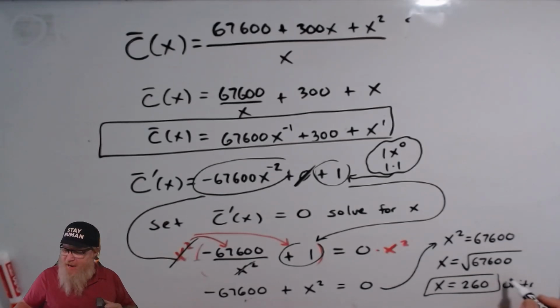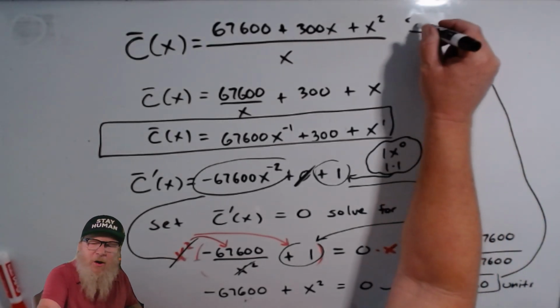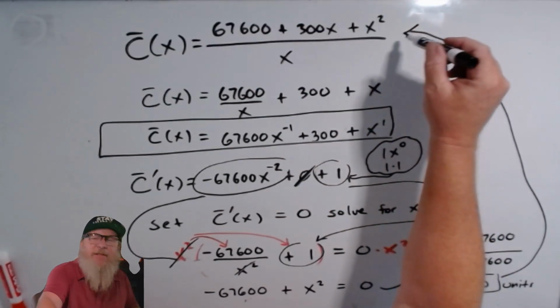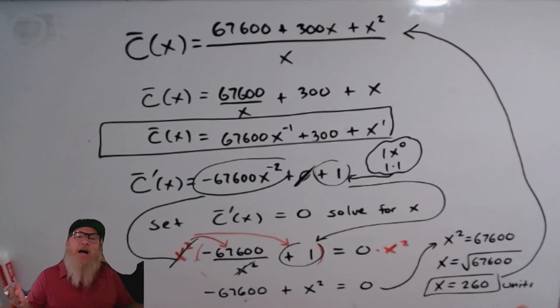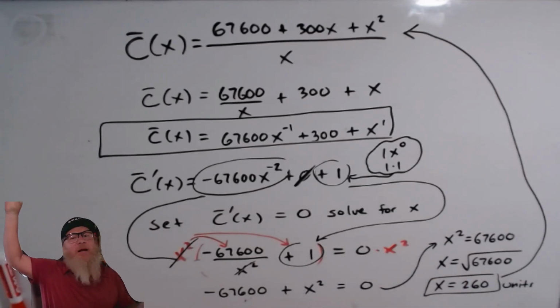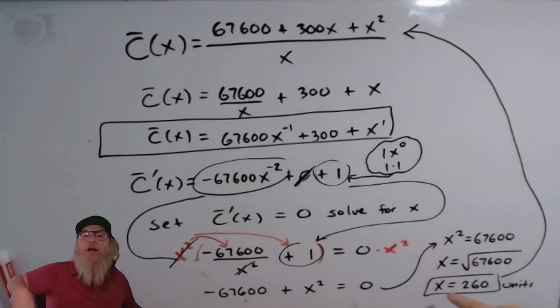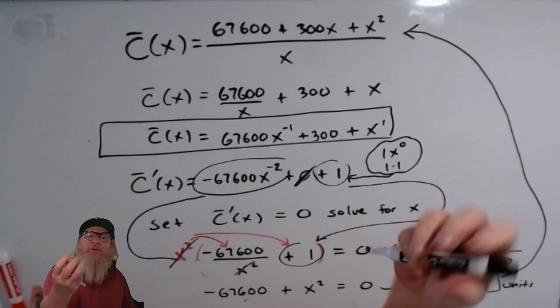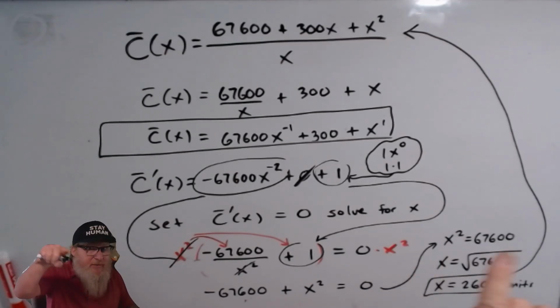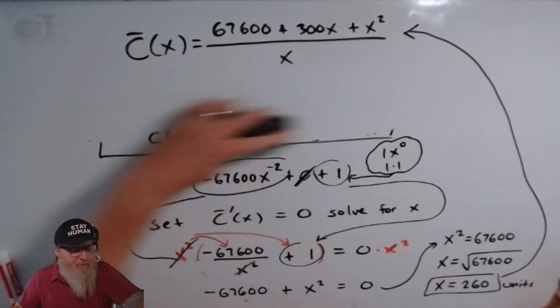If you want to find the actual average cost, you go all the way back to here. There is no minimal cost because the cost just keeps going up and up and up. But if you plug 260 into the average, you get a number that represents the bottom, like it's a little dip in the graph.